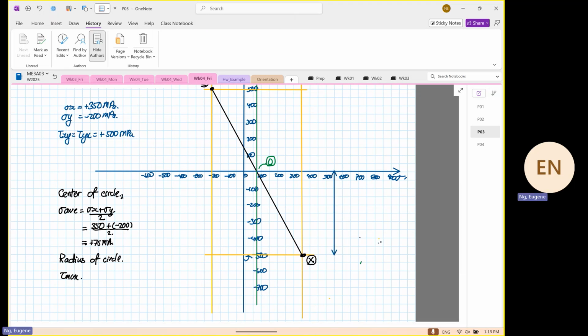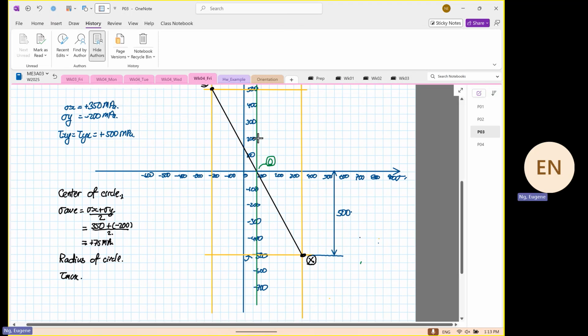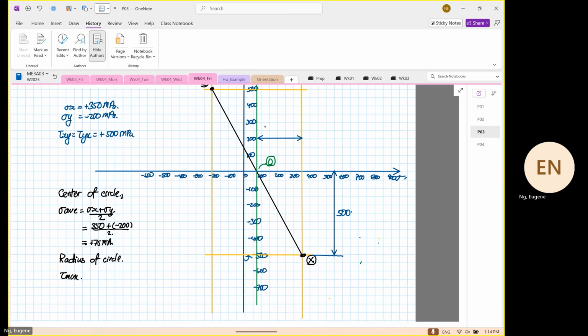And this distance is equal to 500. Then the next thing we need to determine is the distance from the stress average, the green line. So this is 350 minus 75, which is equal to 275.